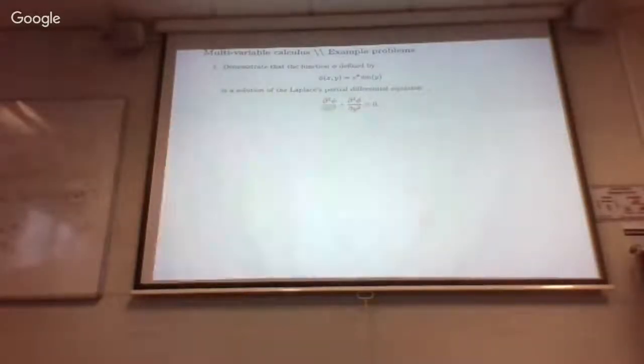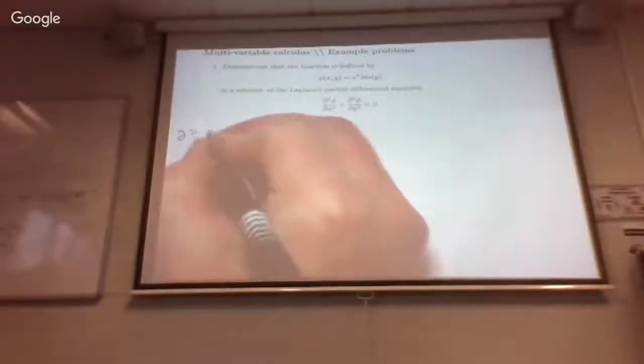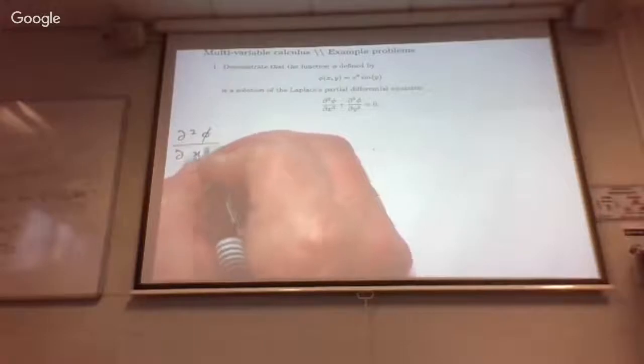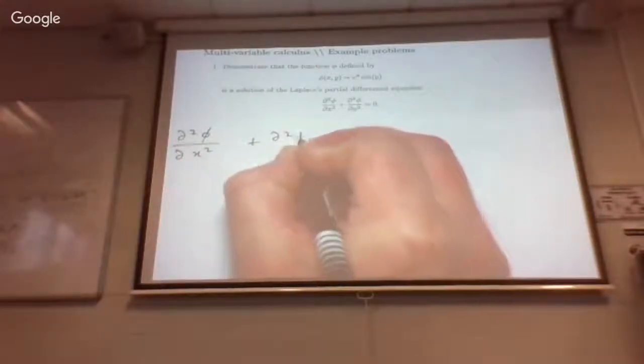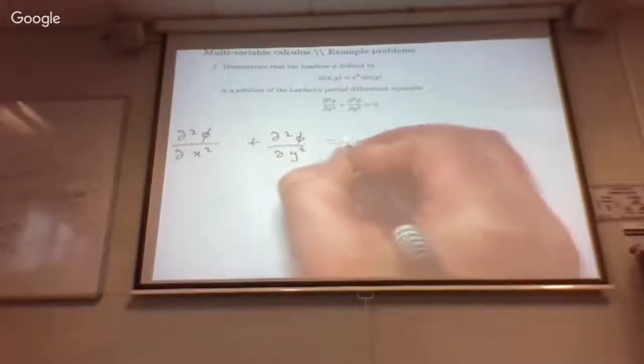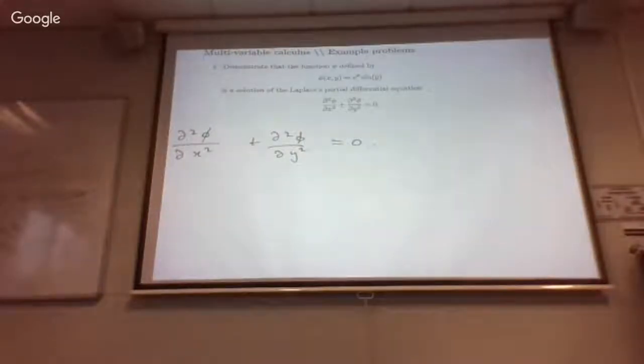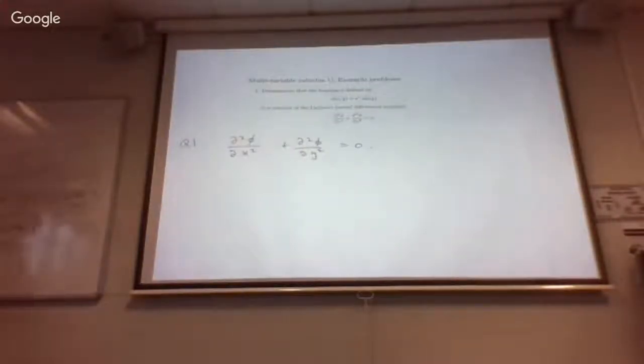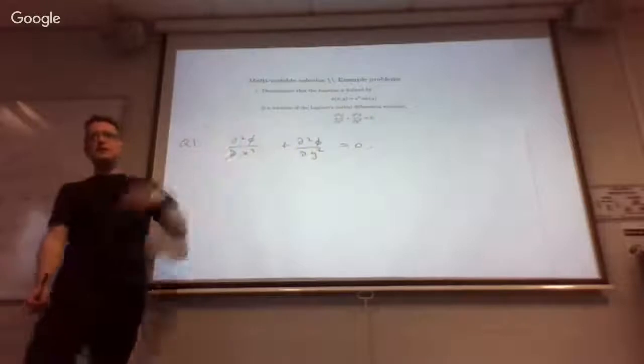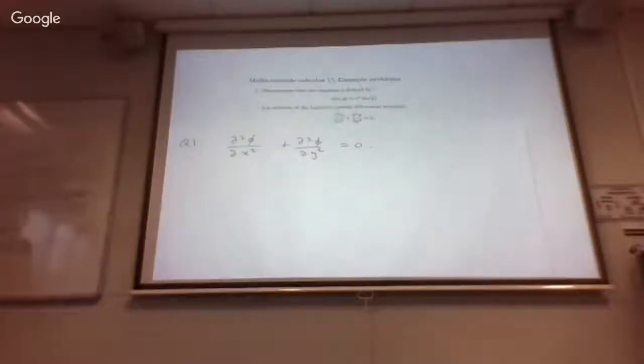If you have a look at this first problem, we've got this partial differential equation, d2 phi dx squared plus d2 phi dy squared equals 0. That's a much harder problem to generate the solutions just from the equation. That's not what I'm asking you to do here.